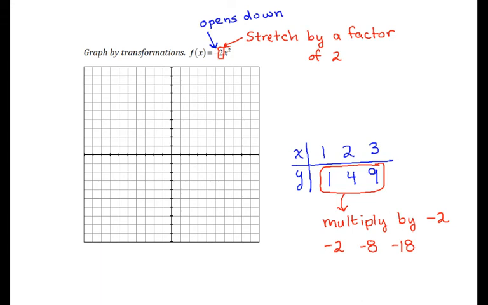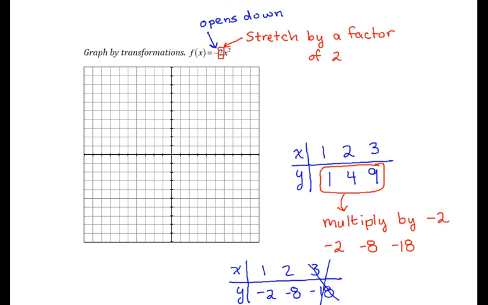So the points I'm actually going to plot for this are 1, negative 2, 2, negative 8, 3, negative 18, even though that negative 18 is clearly too big, well, too small, but too large in absolute value, so we'll leave it out.